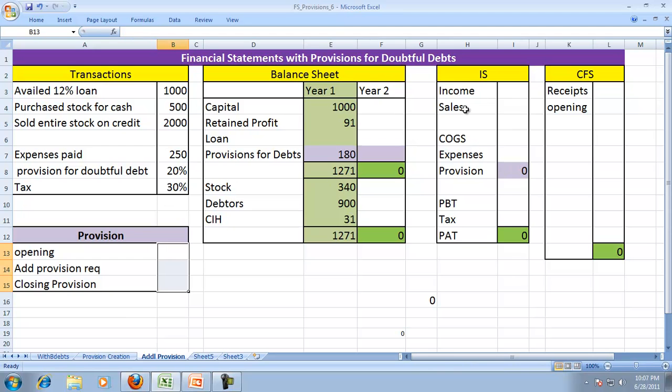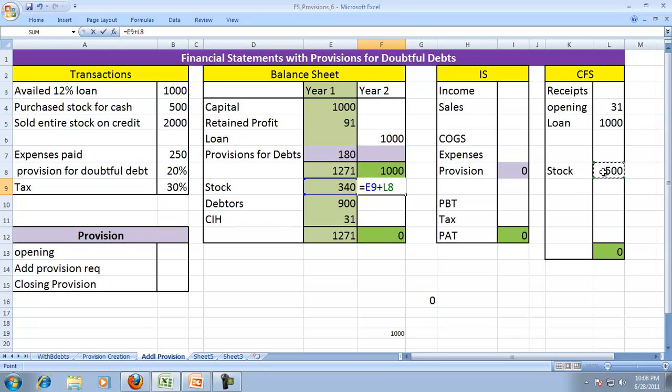So let us continue. You're availing a 12% loan of 1,000. Before we show the loan, let us show the opening cash, and the loan is a receipt, that is 1,000, and the loan is a source, that is 1,000. You purchase stock for 500 for cash, and the stock was there, 340.